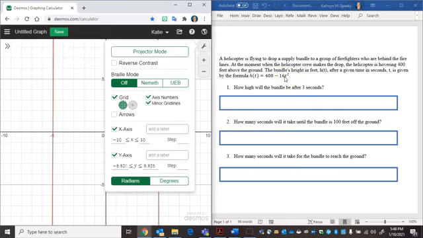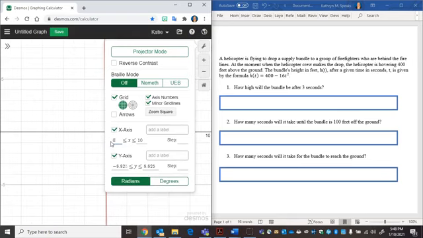That's time. We don't really have negative time, because we're starting the timer from the time that the helicopter drops the bundle, so I'm going to start my x-axis at 0. For now, we'll leave the max at 10, going from 0 to 10, and let's see what that looks like.